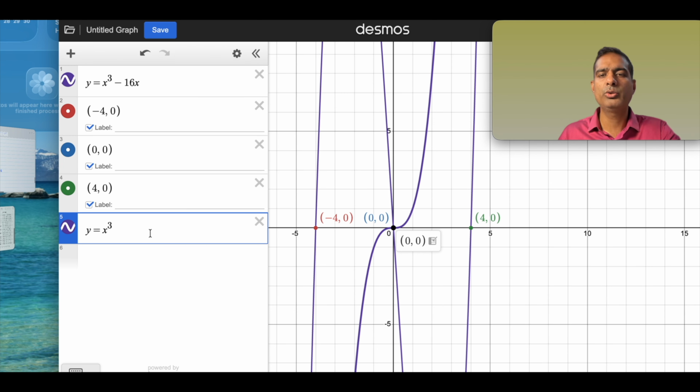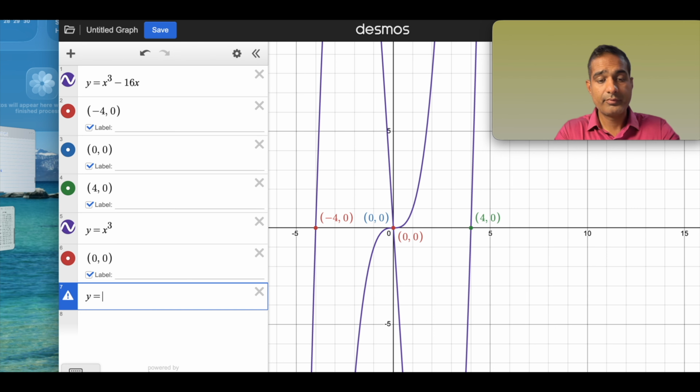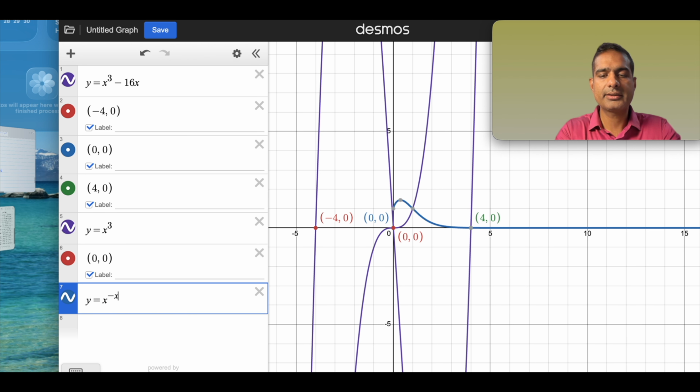So y is equal to x cube is crossing the x-axis at only 0, 0. And let me write another equation, y is equal to x cube minus x square.